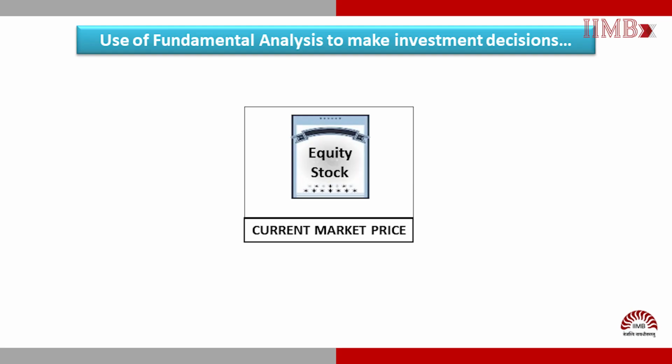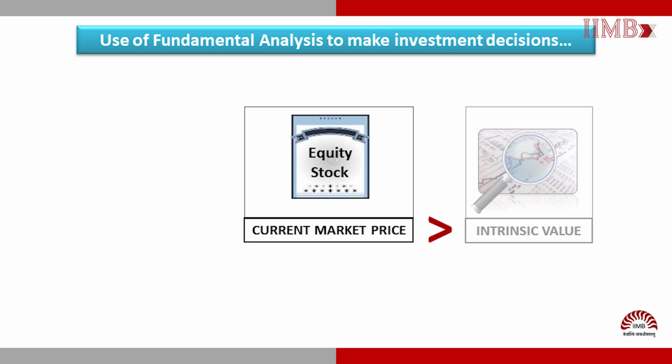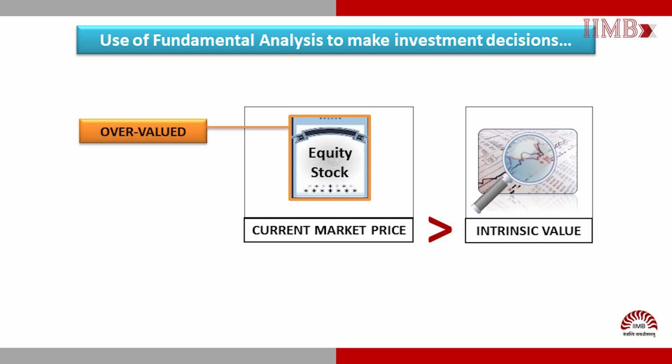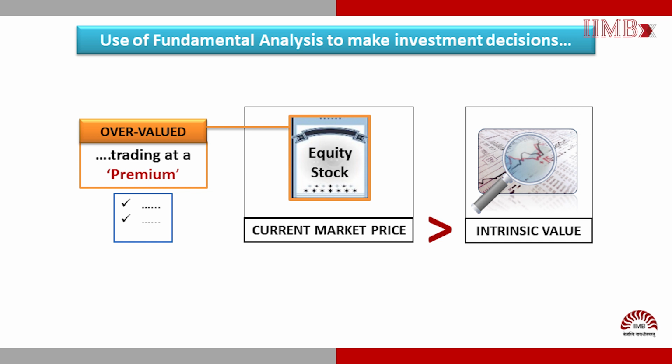If the prevailing market price of the equity stock is greater than the intrinsic value, then the equity stock of that company is considered to be overvalued and therefore said to be trading at a premium. Hence, unless there are definite reasons that can be attributed to the premium commanded by that equity stock, it would be appropriate to sell that stock.